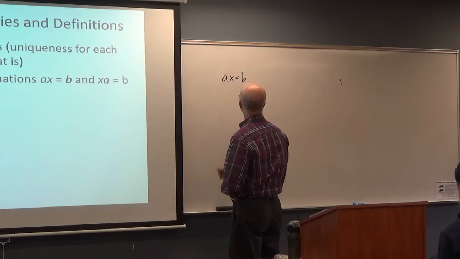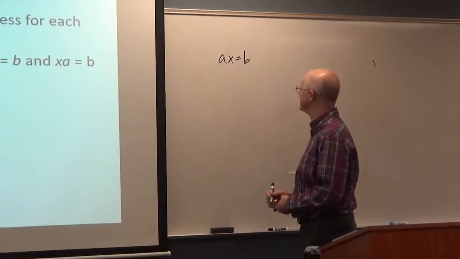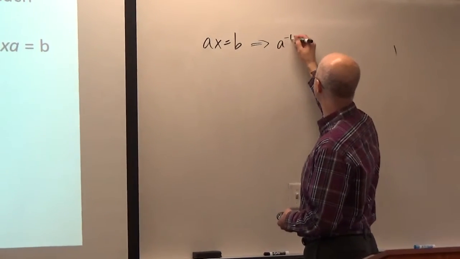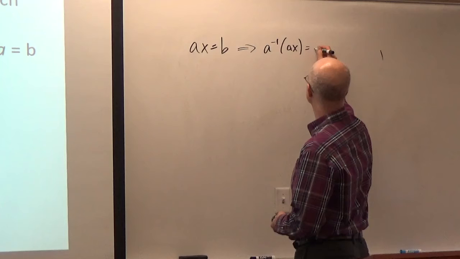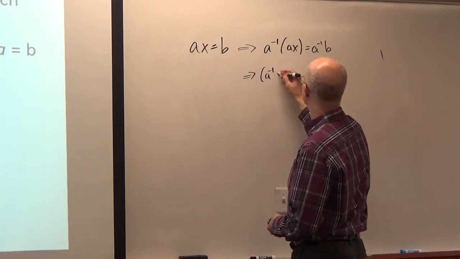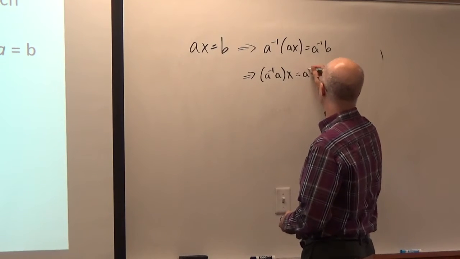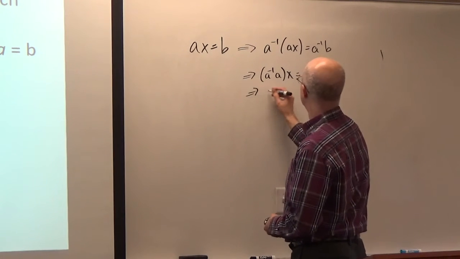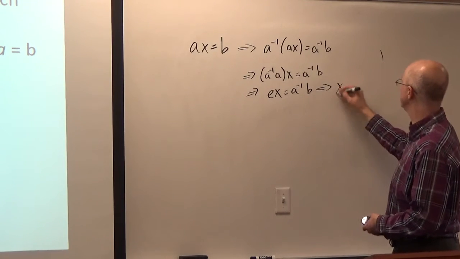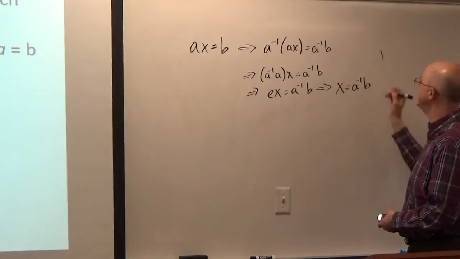How do you solve that equation for x if A and b are given and x is unknown? Multiply both sides on the left by A inverse. Then you can use associativity to say x must be A inverse times b.